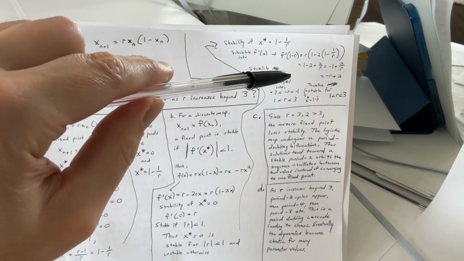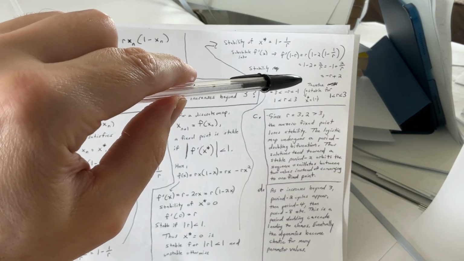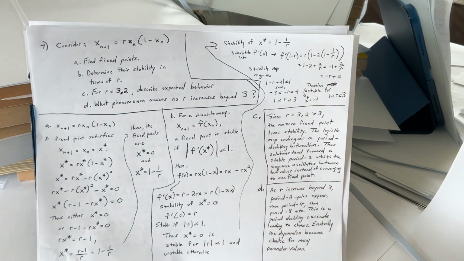So what could we say here? In this situation, it looks like it's stable for x star equals 1 minus 1 over r on the interval 1 is less than r is less than 3.